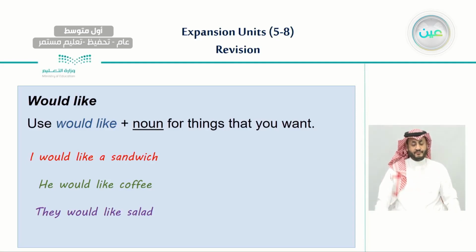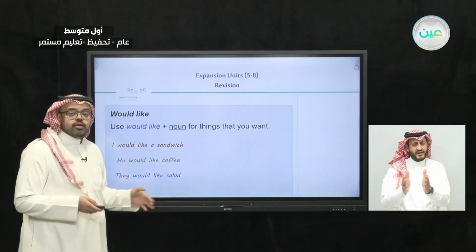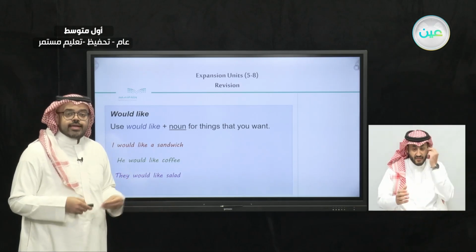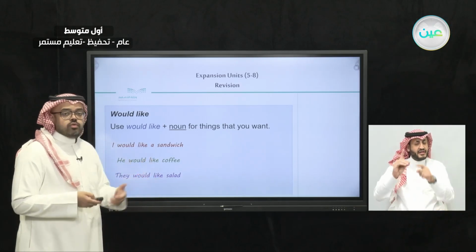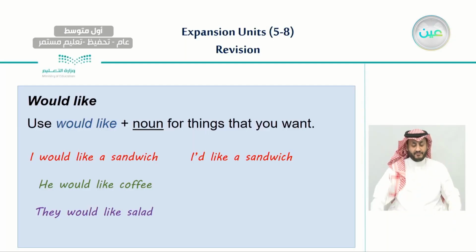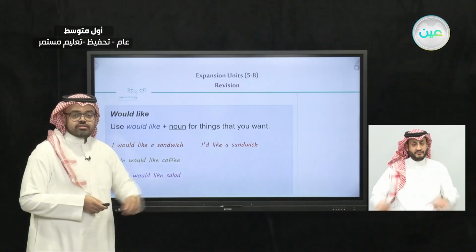And also, we have talked about something else, which is the contraction of would like. We said we can have a shorter form of the word would. For example, we add an apostrophe and the letter D instead of saying would. In this case, instead of saying I would like a sandwich, we would say I'd like a sandwich.